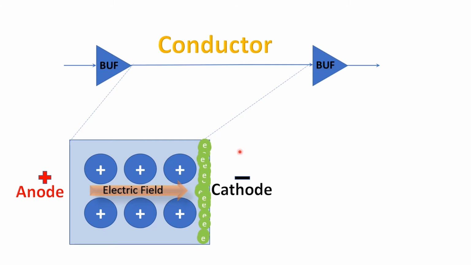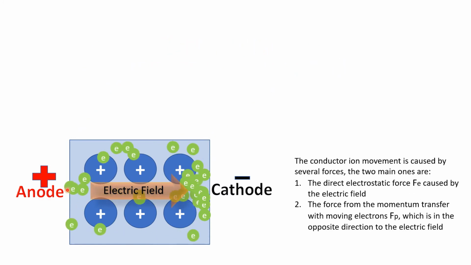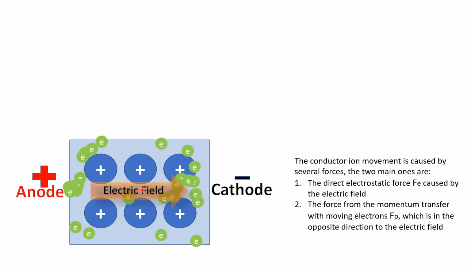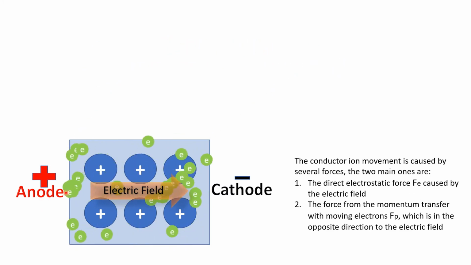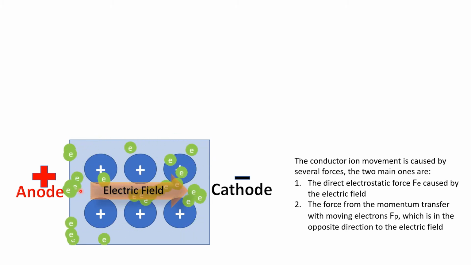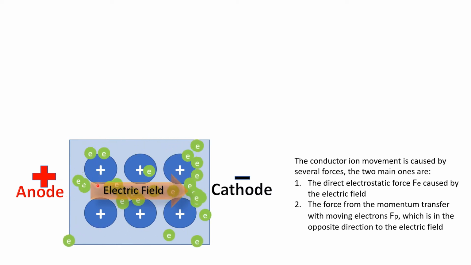Now when the electric field is within reasonable limits, you will see the electron flow will be in a specified manner. But now if you observe that the electric field has increased, there are so many electrons coming and pushing and going forward.